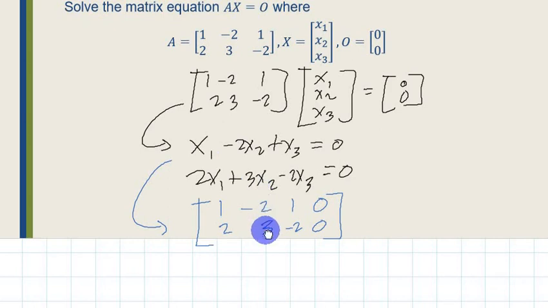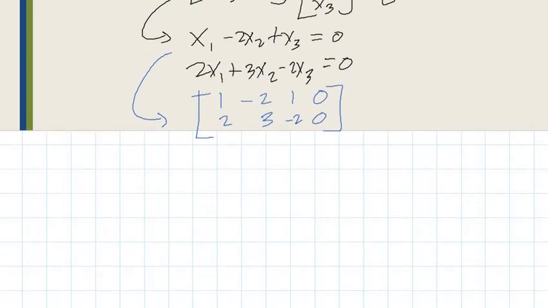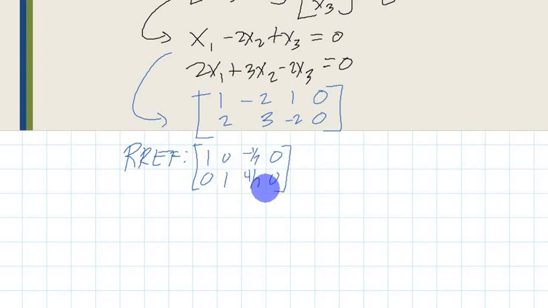Now, performing Gauss-Jordan elimination, I'm now going to show the RREF. The actual process of the Gauss-Jordan elimination is left to the viewers. After performing Gauss-Jordan, we're going to have the following matrix. 1, 0, negative 1/7, 0, 0, 1, 4/7, 0.